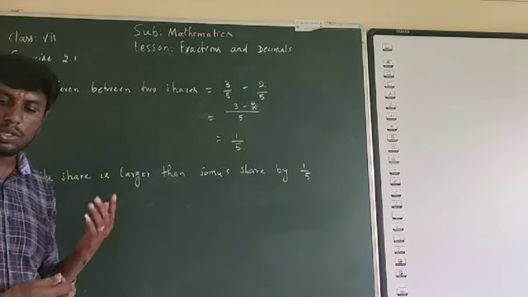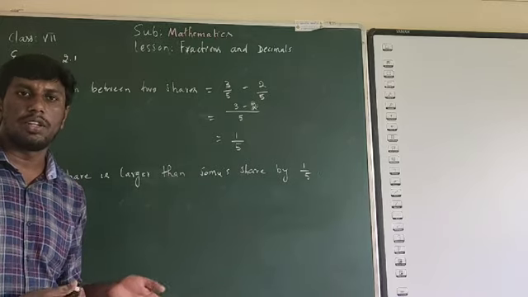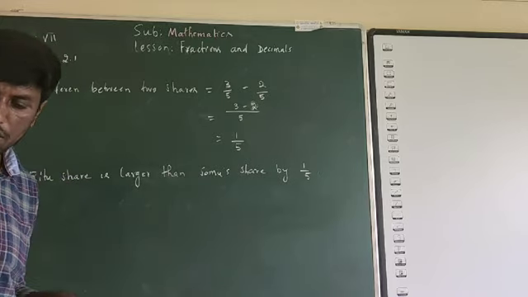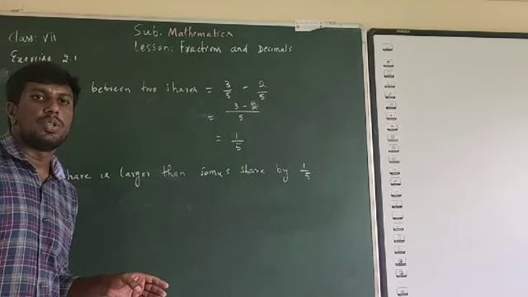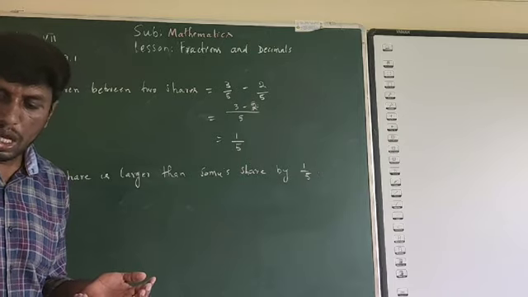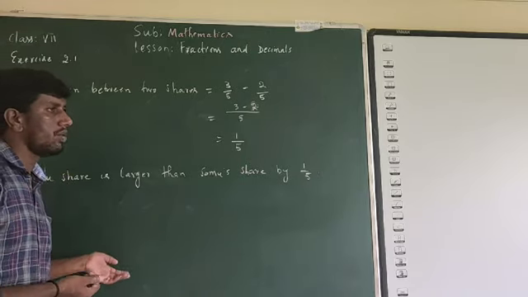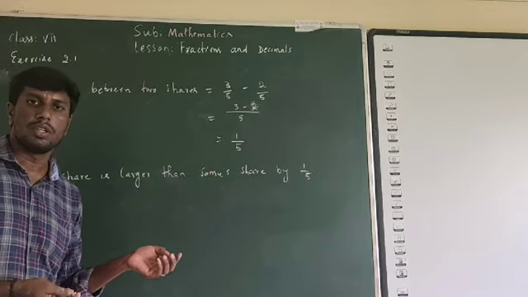So they have given two fractions of coloring a picture, two characters. One is Michael, another one is Vaibhav. In order to find out who worked longer, you should compare those two fractions.